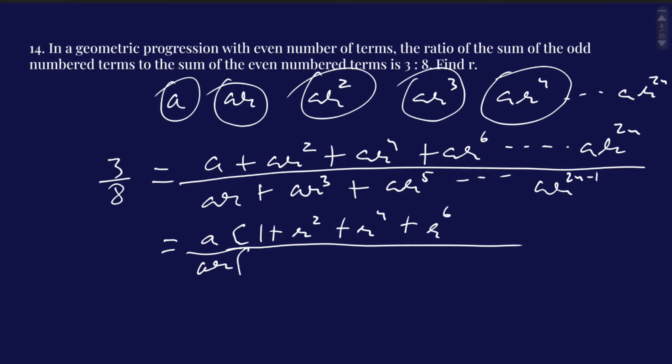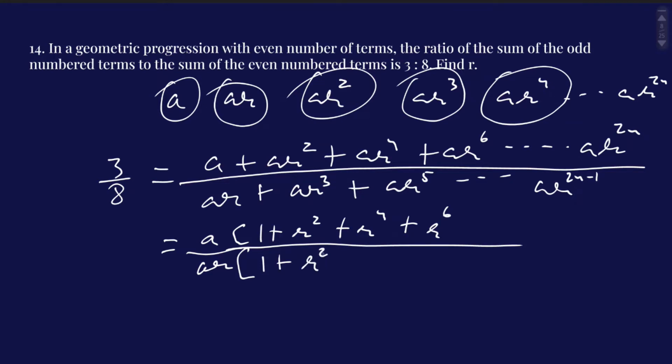If we take ar common in the denominator, we will get 1 plus r squared plus r to the power 4 plus r to the power 6, and so on. Taking ar out of ar cube, a is going to get out and r to the power 1 is going to get out, so r squared will remain.